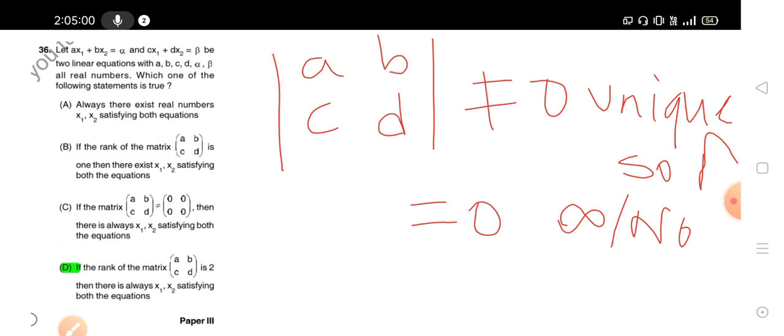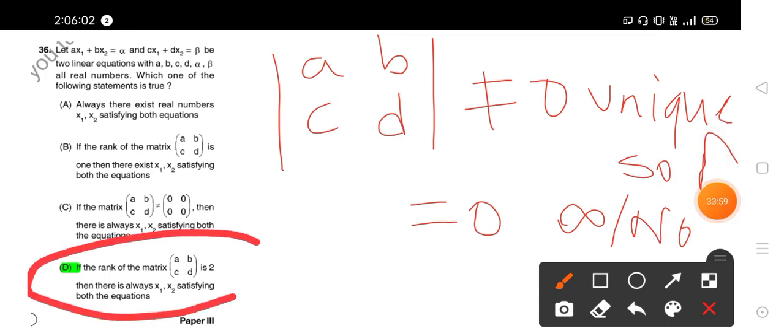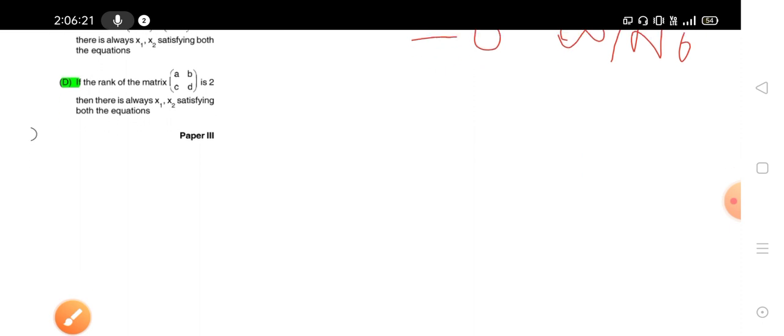If the determinant equals 0, then in the homogeneous case there are infinitely many solutions or no solution. In option D, if the rank of the matrix a, b, c, d is not 0, then x1 and x2 have to satisfy both of the equations, that means a unique solution. Therefore answer D is correct.